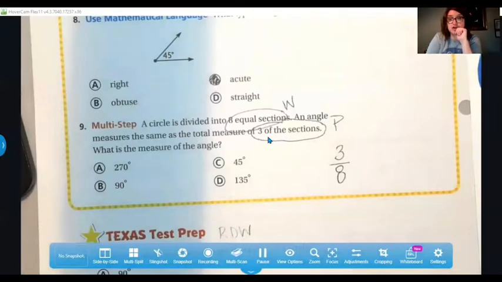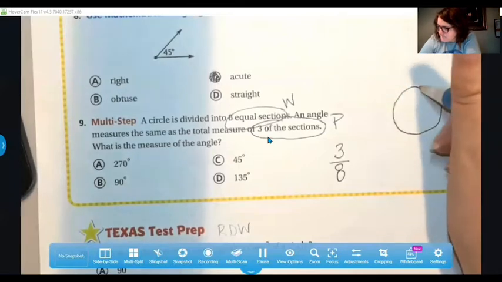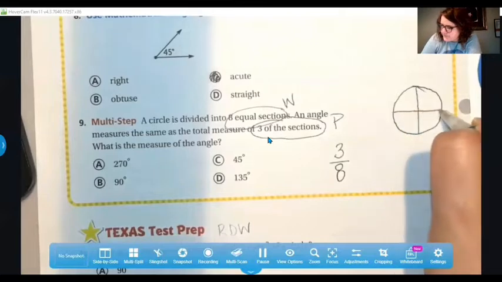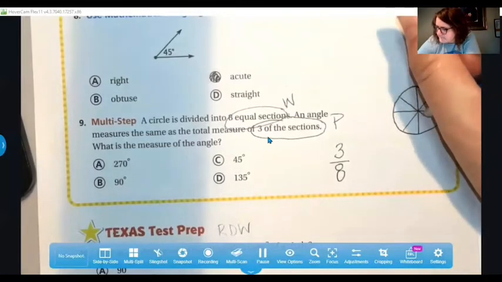I am also going to draw this question out. It says a circle is divided into 8 equal sections. So I am going to take a circle and divide it into 8 equal sections. 2, 4, 6, 8.